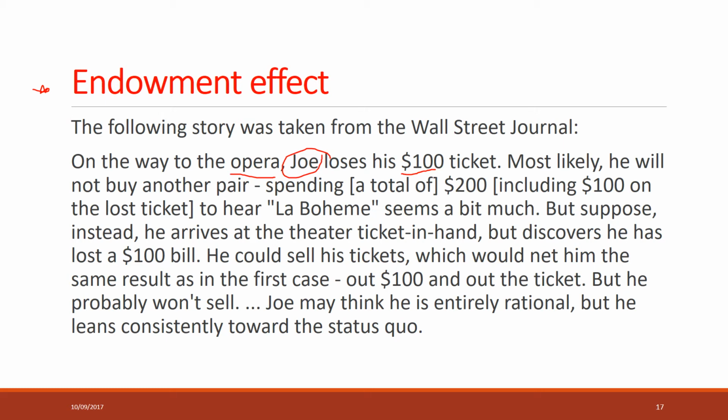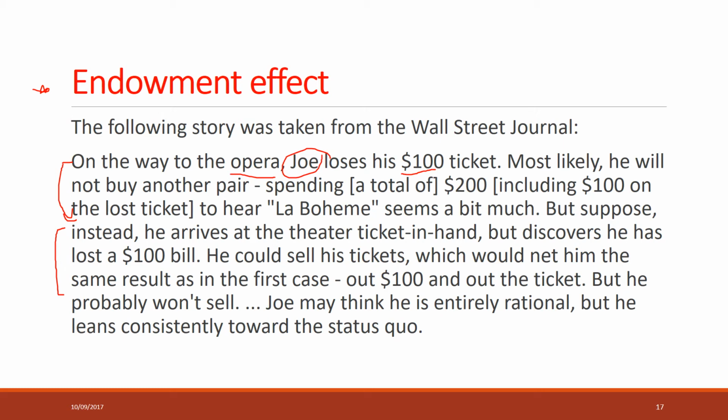So in this case, if we lose the ticket, we are not likely to buy another ticket, so we are not likely to spend $200 in total just to watch the opera. Now suppose that alternatively we don't lose the ticket, but on the way to watch the opera, we find that we lose a $100 note.